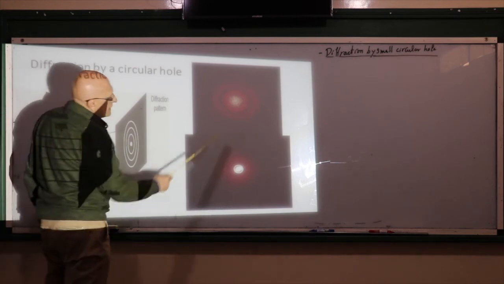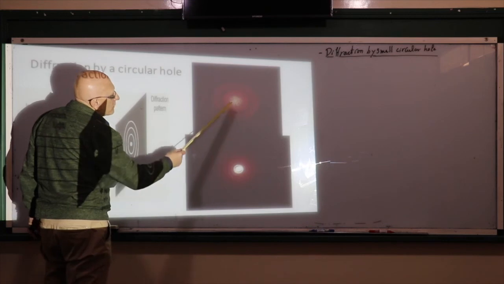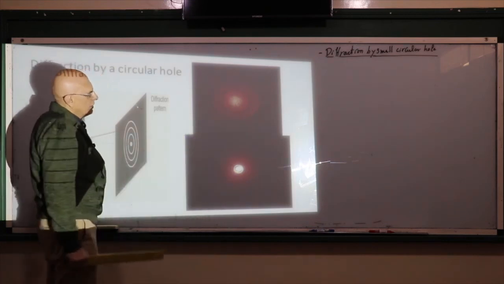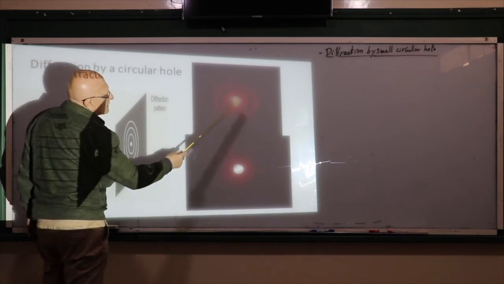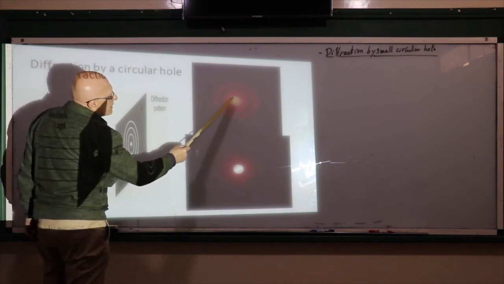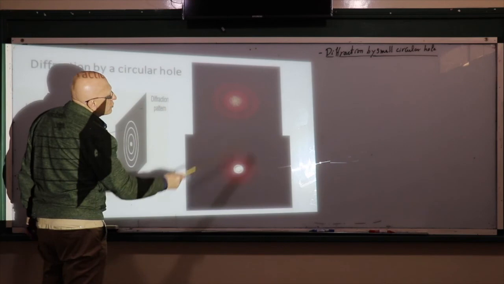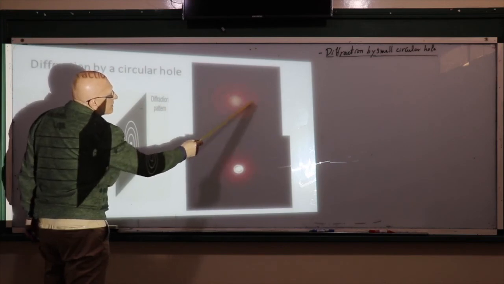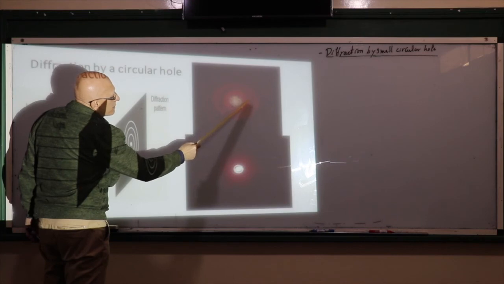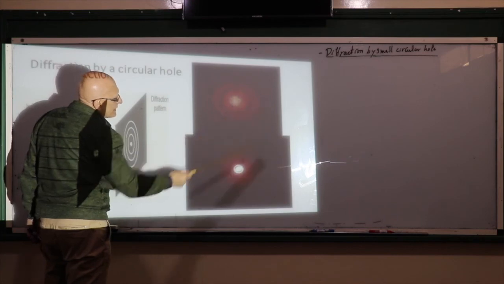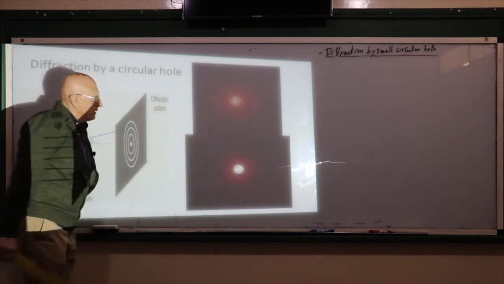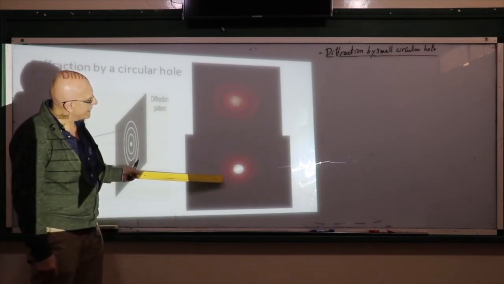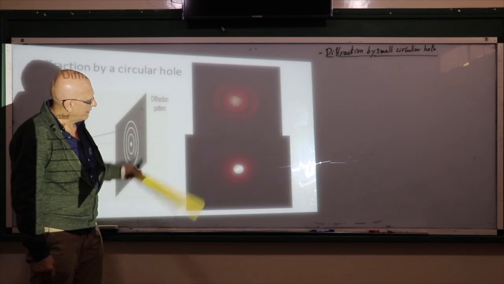Look here, these are two forms of fringes. Both consist of a central bright fringe and concentric fringes, alternating bright and dark concentric fringes. But as you see, this one is clearer than this.